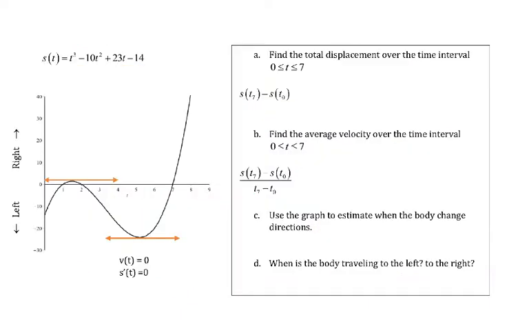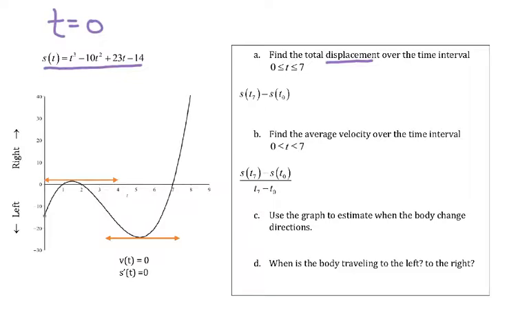So we will have some vocabulary to learn, and we will look at this first example. This function gives the position of some object, and when time t equals 0, this object is down here.